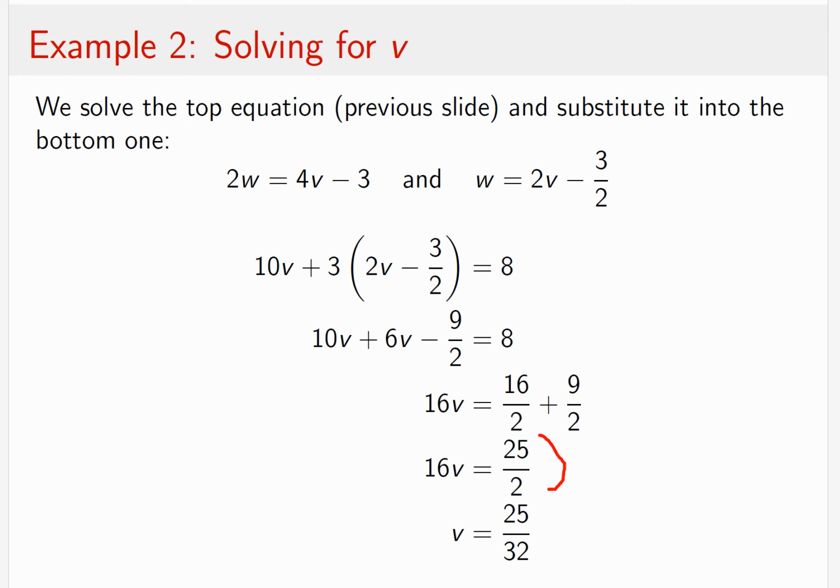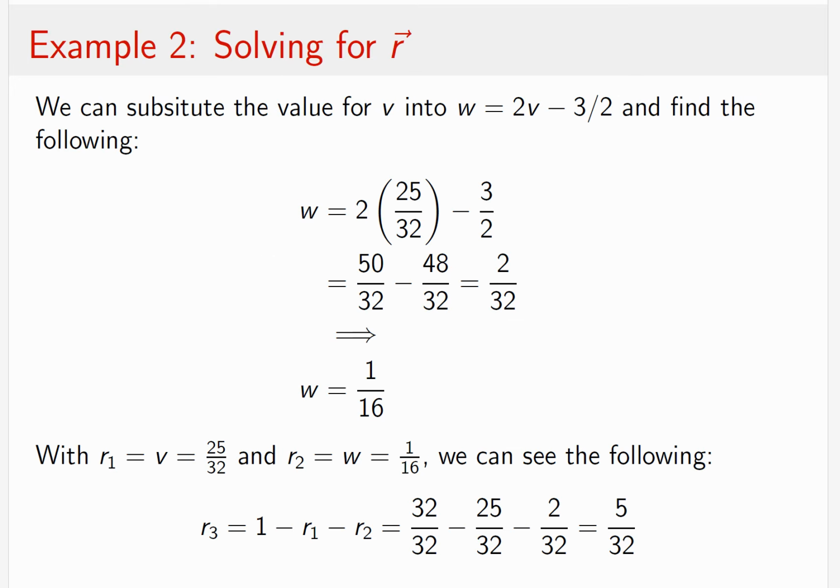So 16v equals 25 halves, so v equals 25 over 16 times 2, right? So I end up with 25 over 32, if that makes sense. All right, so I've collapsed a little bit of the steps, but I think I've shown enough that you can follow that. So we know that v equals 25 over 32.